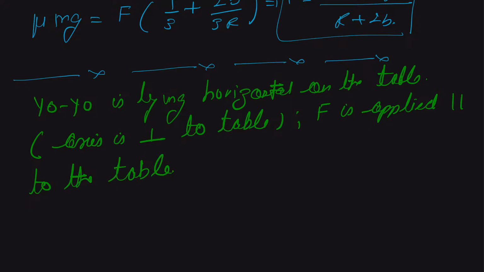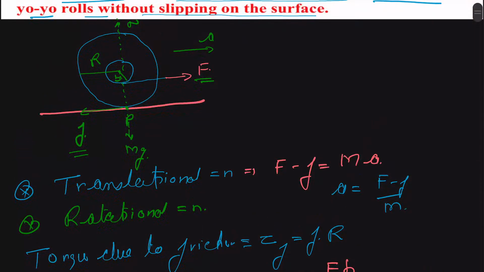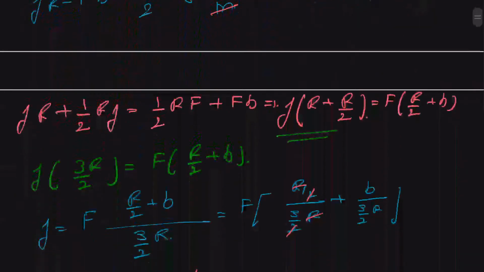Okay. And so the force is more or less the same, because in the first case also the force was parallel. Now the only difference is that the yo-yo is lying horizontally on the table. And in the first case the yo-yo was such that its axis was parallel to the table. Okay.